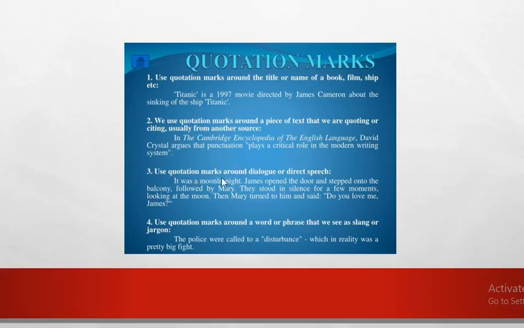We use quotation marks around dialogue or direct speech. It was a moonlit night. James opened the door and stepped onto the balcony, followed by Mary. They stood in silence for a few moments, looking at the moon. Then Mary turned to him and said, "Do you love me, James?"